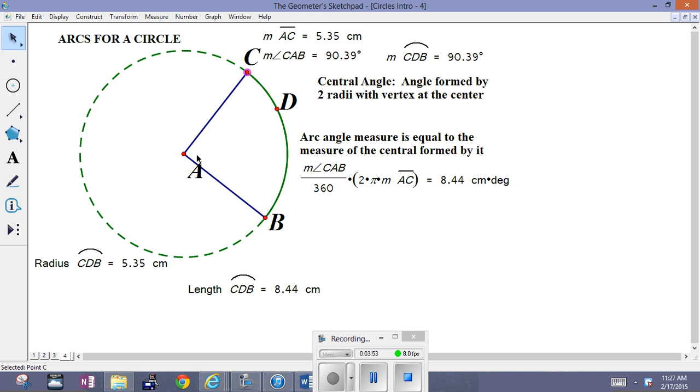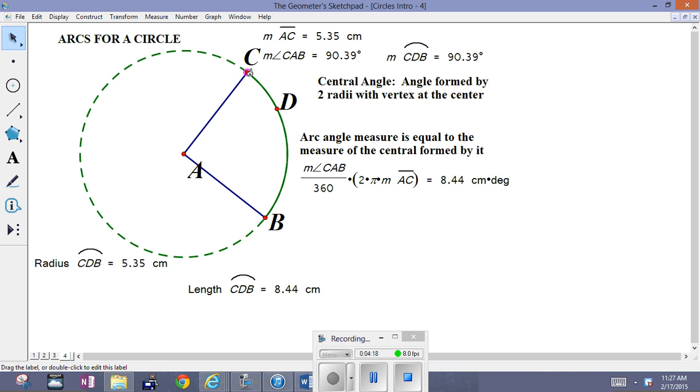A central angle is an angle formed by two radii of the circle. The portion of the circle which the central angle opens out to is called the arc.